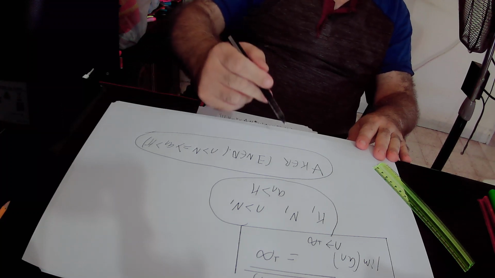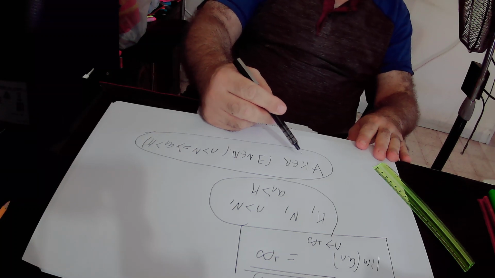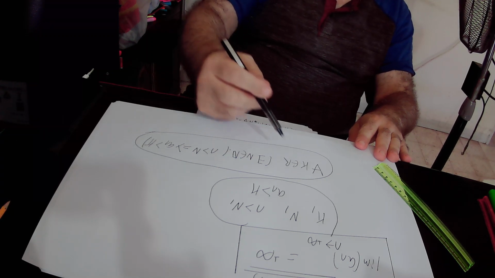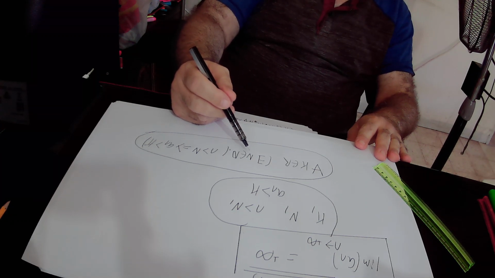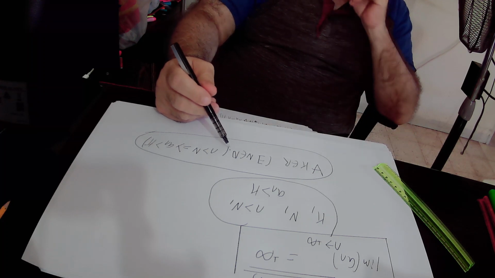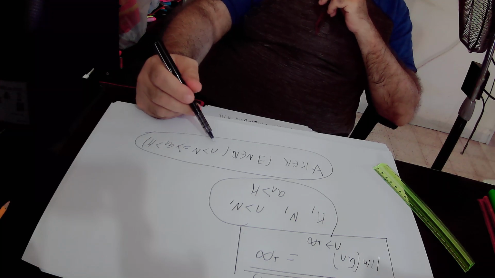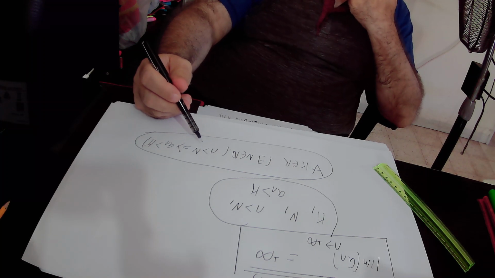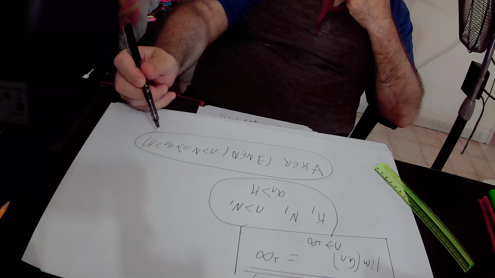Again, for any k as large as you want that belongs to the real numbers that you will give me, I must give you capital N that belongs to the natural numbers, and for every n that is greater than capital N, we will get that an is greater than k.